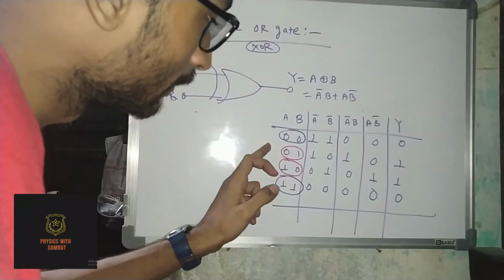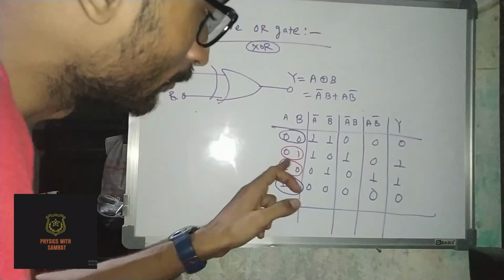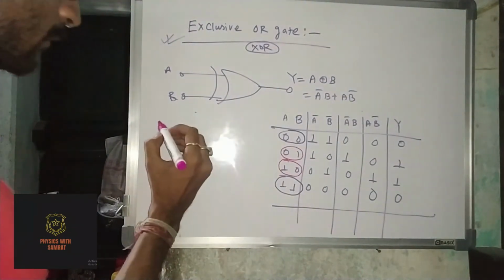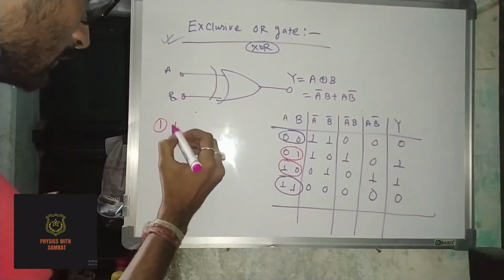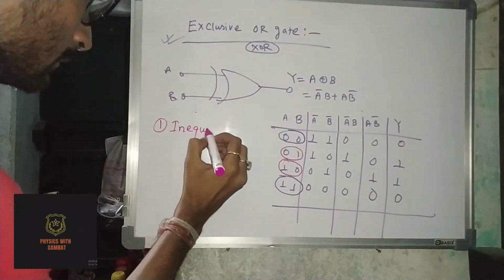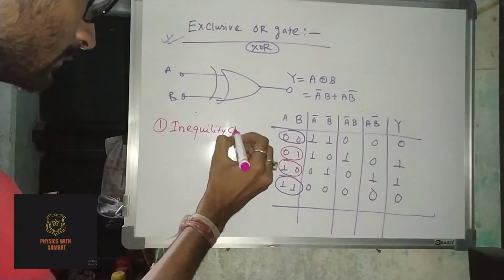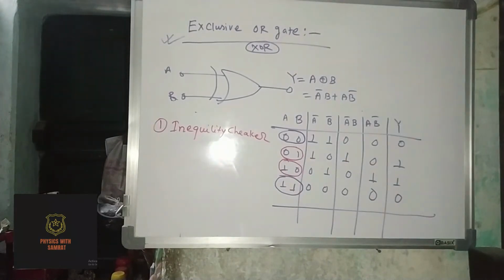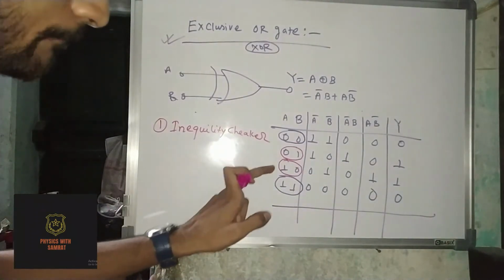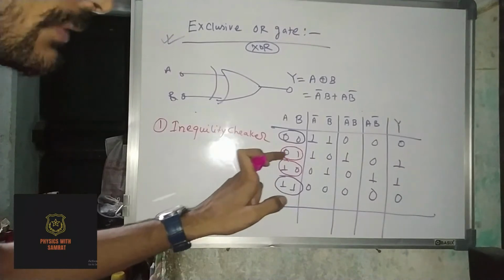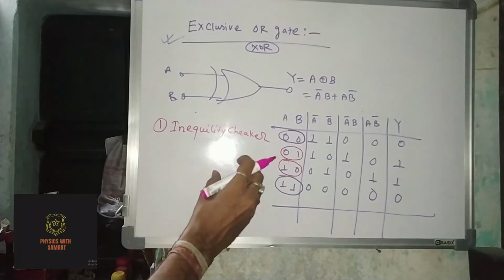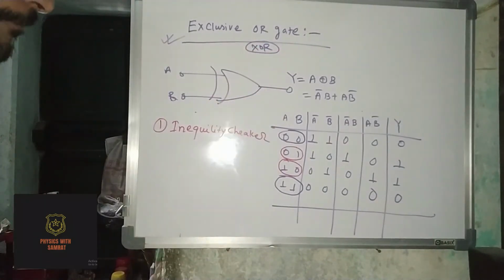Okay, but when there is a 0 1 or 1 0, there is always an output 1, a high output. So this will be an inequality checker. Okay, the two inputs are different, unequal, so we use this circuit as an inequality checker.